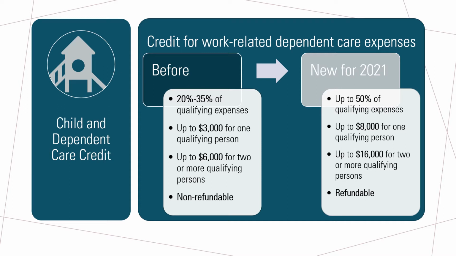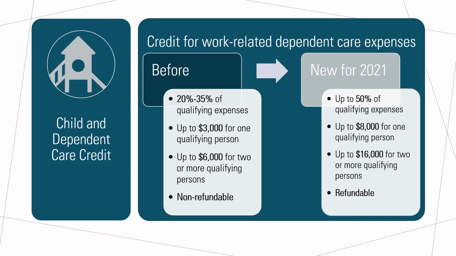And they could claim up to $3,000 for one qualifying person in expenses and up to $6,000 for 2 or more qualifying persons for those expenses. And the credit used to be non-refundable.